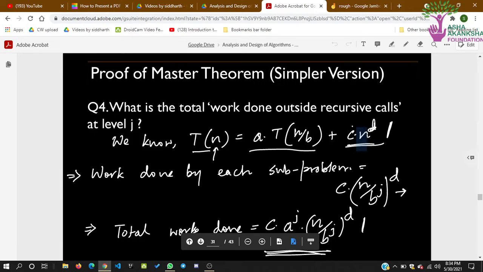Because in the original formula, n represented the size of the problem. At any level j, the size of the problem becomes n upon b raised to power j, and hence we can write the work done by one subproblem as this. And at a certain level j, there are a total of a raised to power j subproblems, and hence we multiply it with this and we get this.